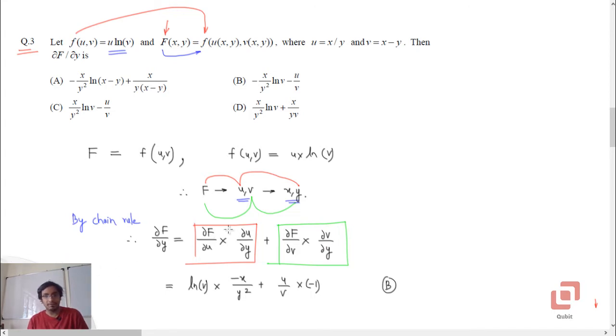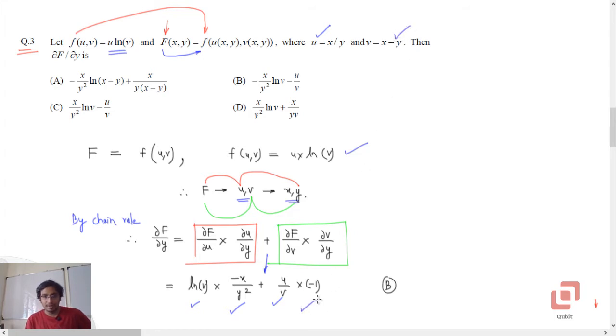To get it, we will take the help of this definition, u times log of v. ∂f/∂u will be simply 1 into log of v, into ∂u/∂y. U is x upon y, so ∂u/∂y will be x into negative 1 upon y squared, plus ∂f/∂v, which is u into 1 upon v, simple. ∂v/∂y will be minus 1.